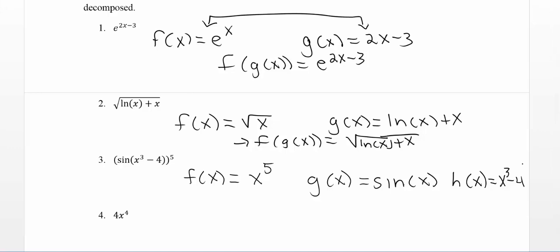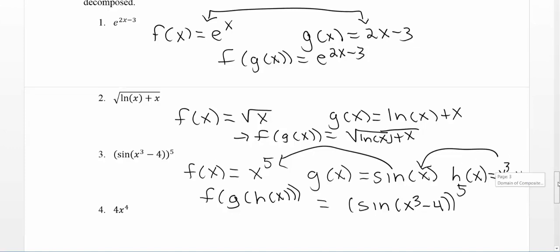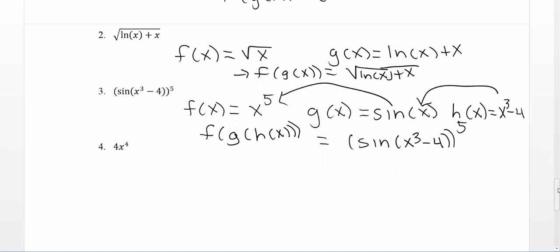I could certainly find a decomposition using only 2 functions, but here, there are 3 different functions, and so I pulled them all out. So f of g of h of x means I'm plugging h into g, and then that whole thing into f. And so that will give me sine of x cubed minus 4, all to the 5th. So again, that's one way that I can decompose this. And again, many functions have multiple ways that you can successfully decompose them.